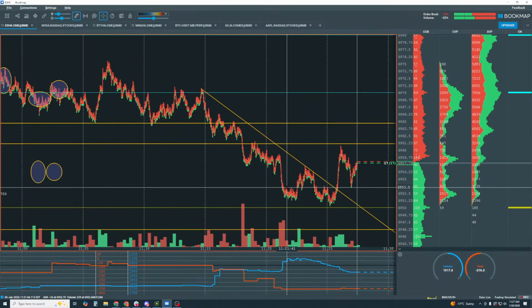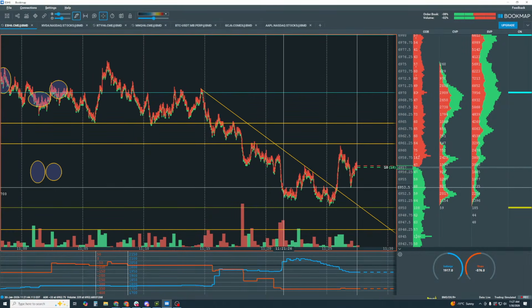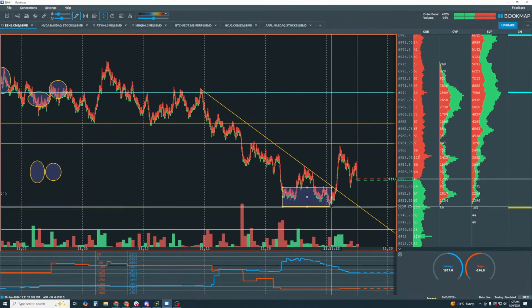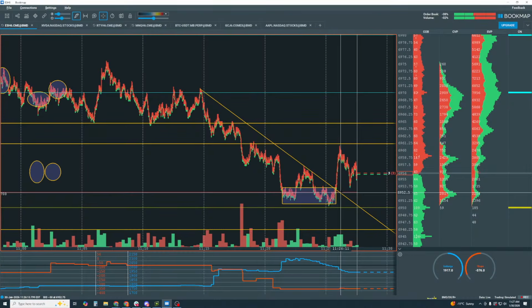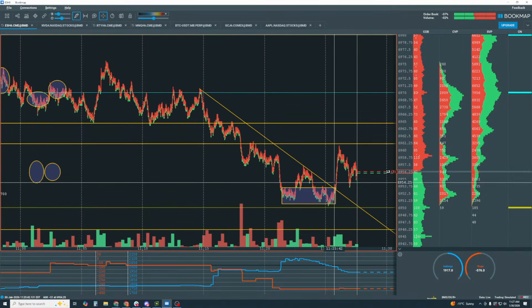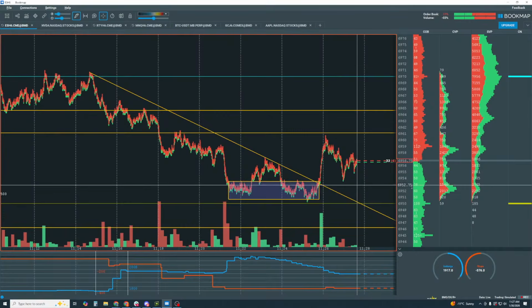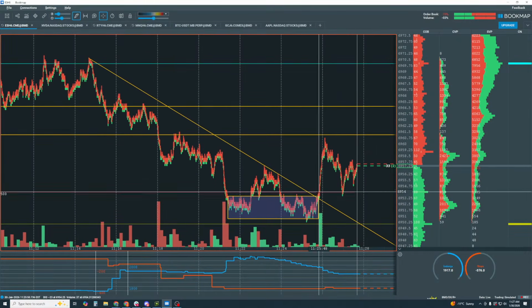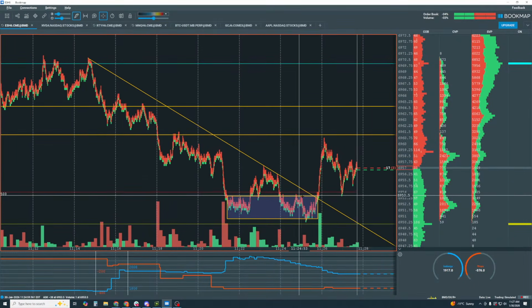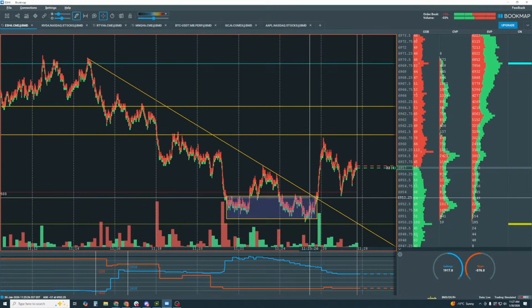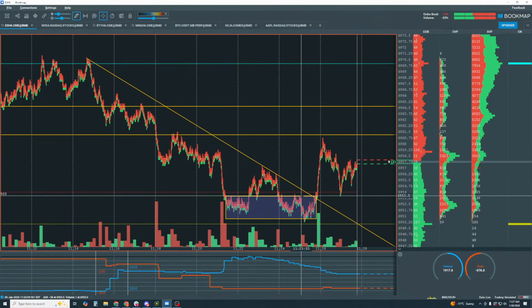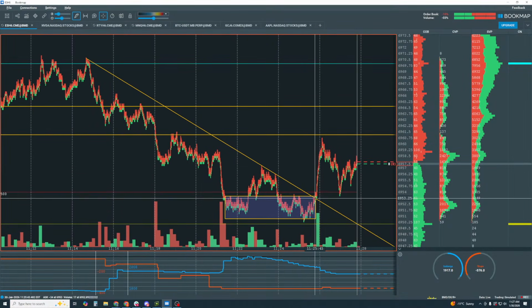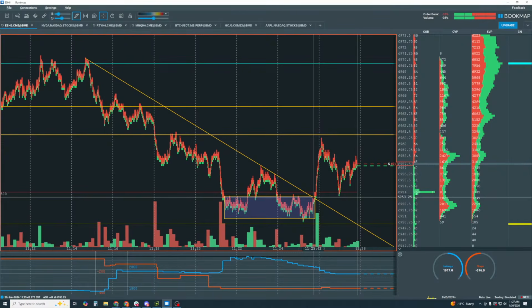Now look at the structure here as well. Cluster, slightly break it, another cluster, and now in here, let's look for some context, because we actually have two breaks of structure in here. This little area here at this 53, and then also this diagonal here at the same area.